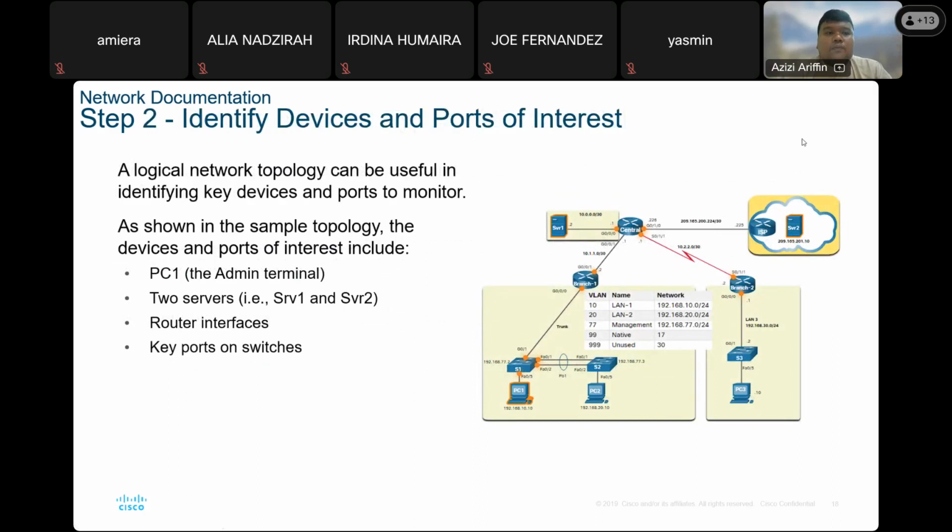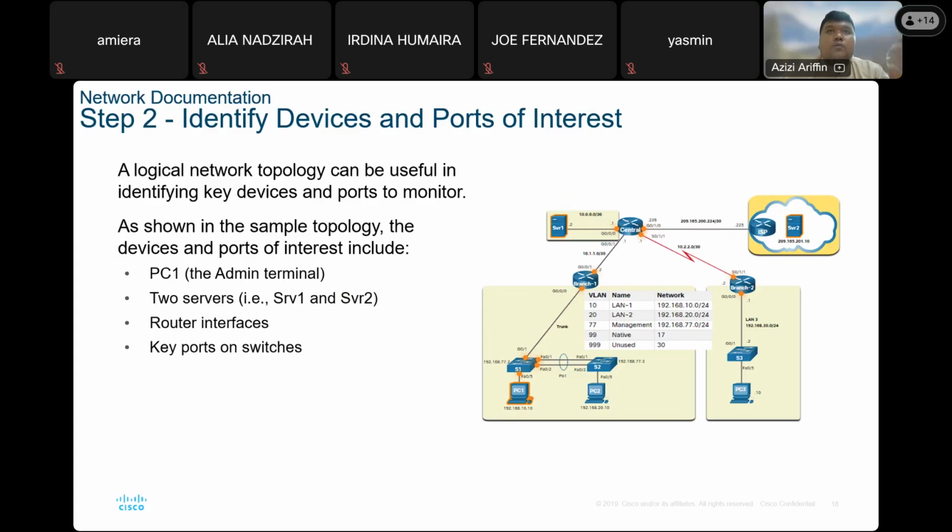Then we need to identify a device and port of interest, right? If we want to baseline, we will not include interfaces which are not used, or maybe interfaces which are not in production. For example, like your console port, we don't need to do a baseline on the console port.